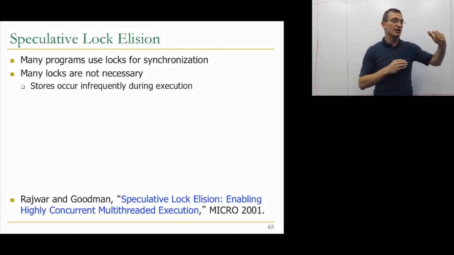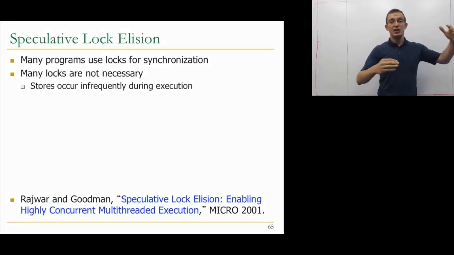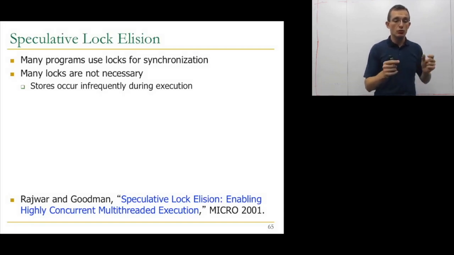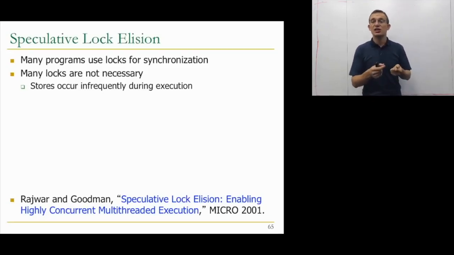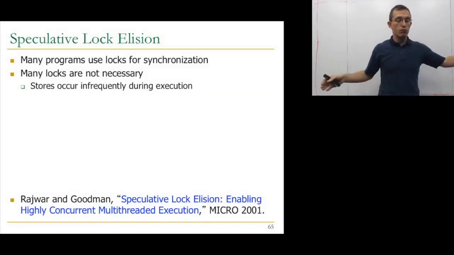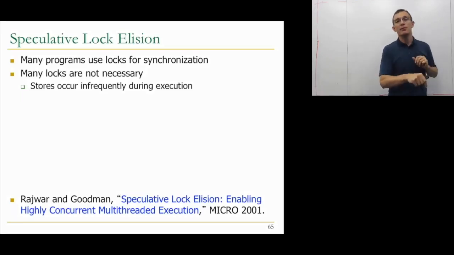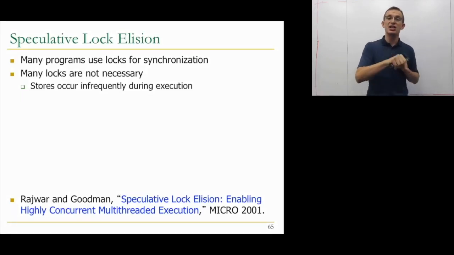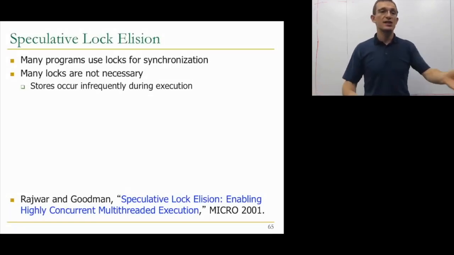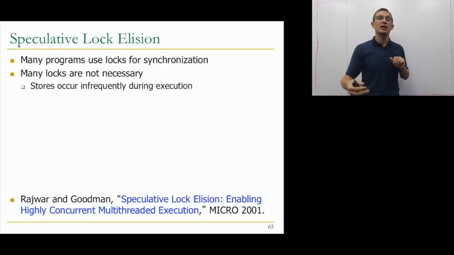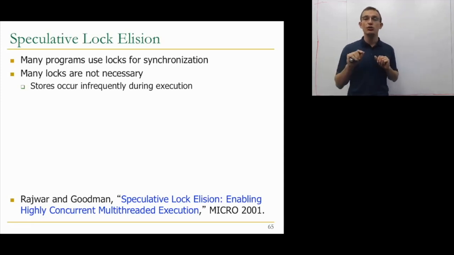For example, let's say you insert an element into a list after checking some condition, and you need a critical section to protect that access and update of the shared data structure, but that update may not occur all the time because it's protected by a condition, and that condition may be infrequently true. For example, a store to a hash table may occur only infrequently during its execution, right?